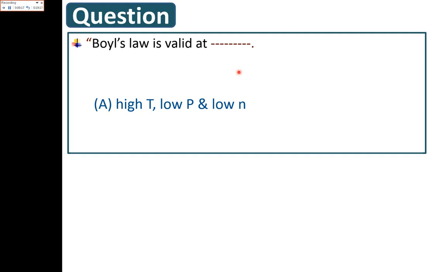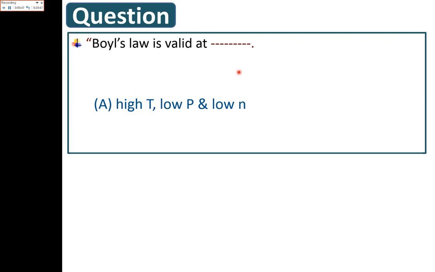Most of the laws that we studied in the gas chapter describe the ideal behavior, like Dalton's law, the general gas law, Boyle's law, Charles' law, Avogadro's law, and the diffusion law, Graham's law. All these laws are describing the ideal behavior.